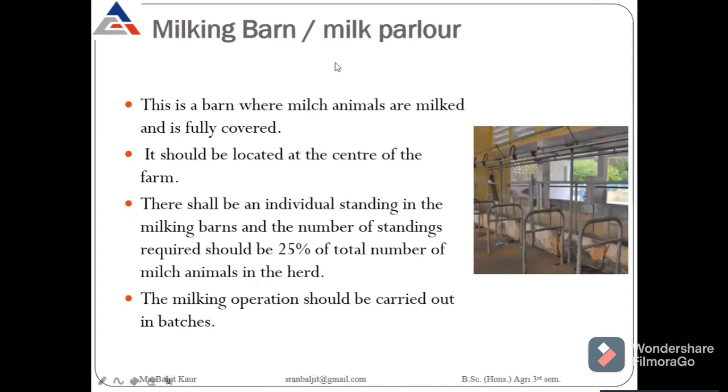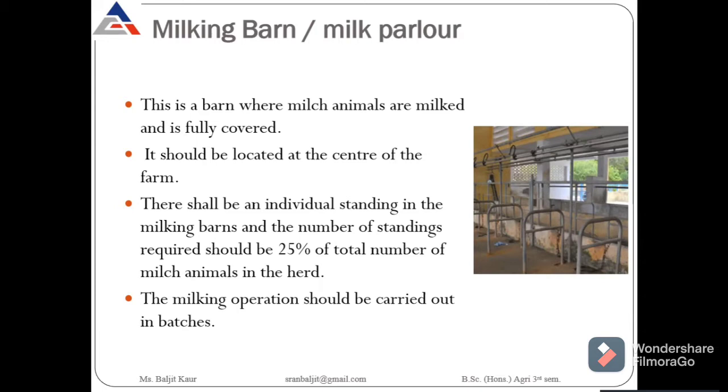Then milking barn or milk parlor. Where a farmer has many cows, he needs to separate the cows at the time of milking, right? So these are the milking barns where animals are milked. These milking barns are fully covered.